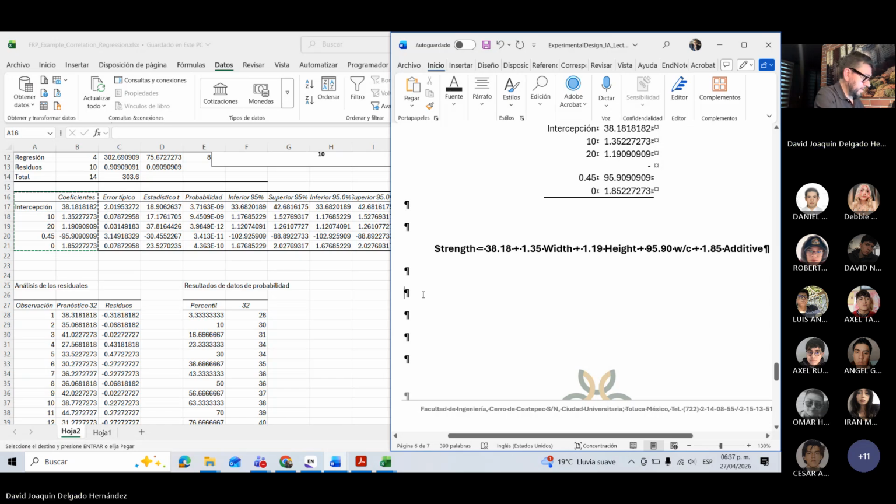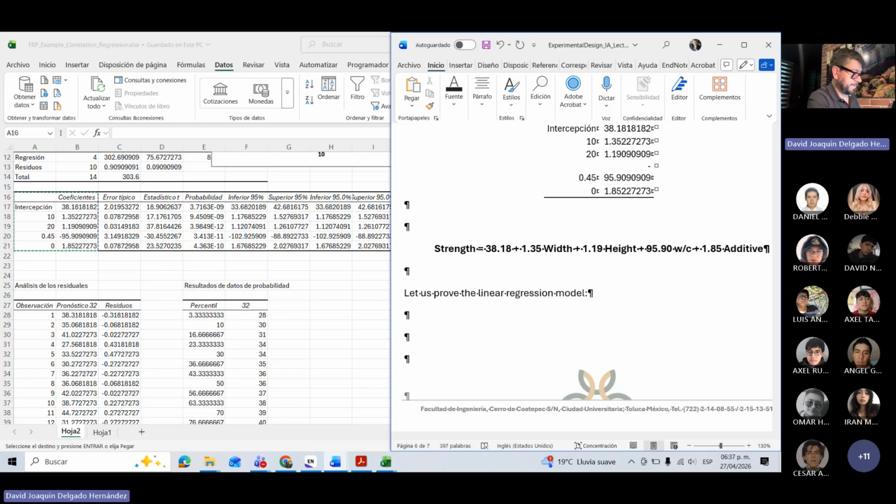Okay. Let us prove the regression model. It is a linear regression model, right? Linear regression model. So let us do it.